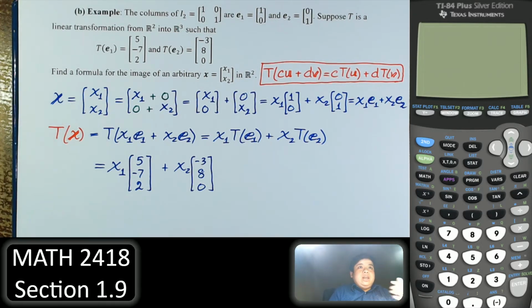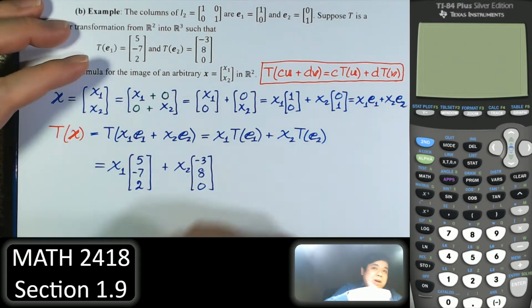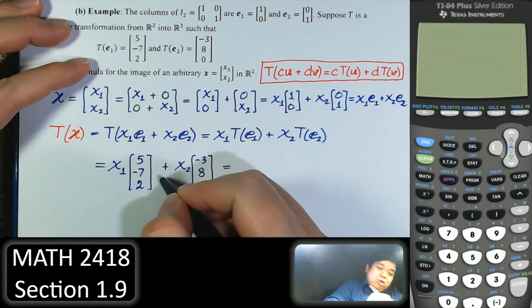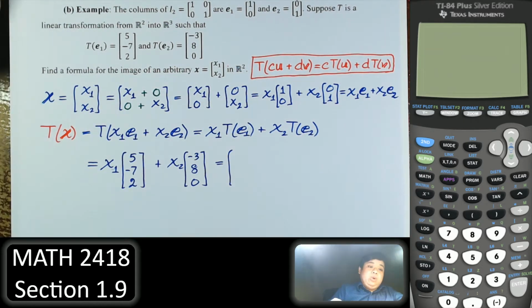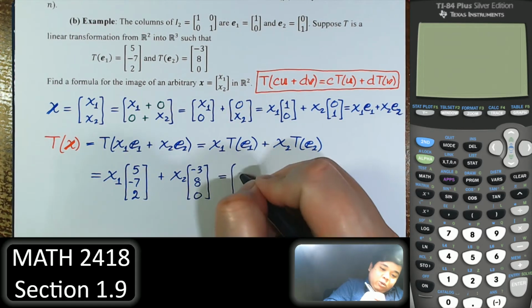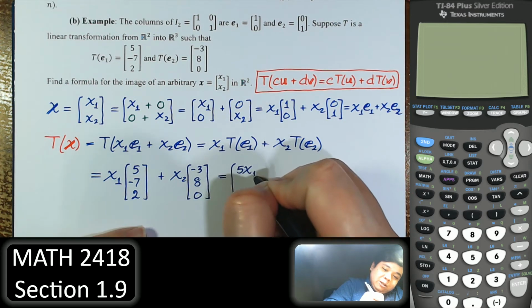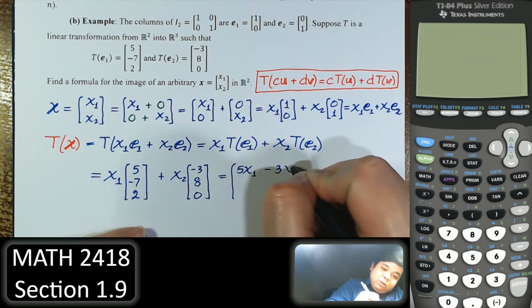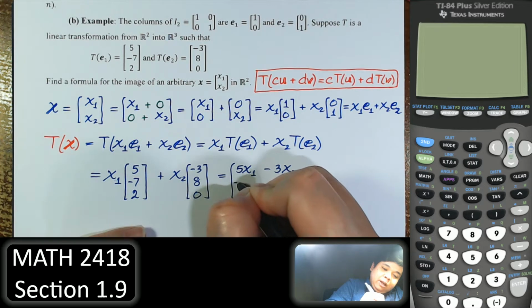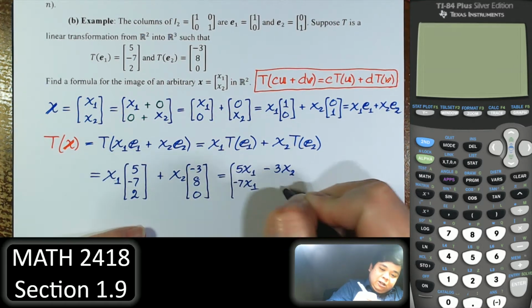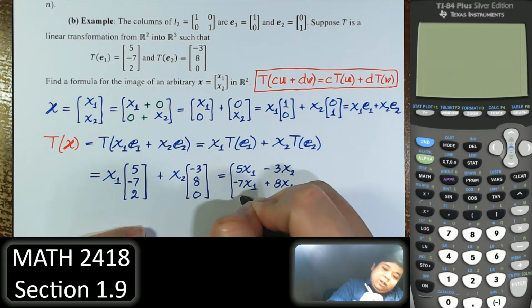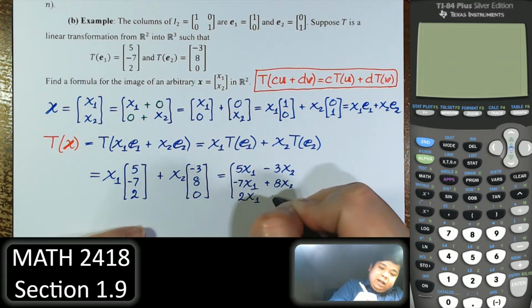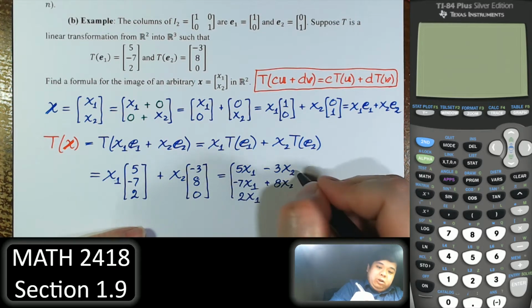Now of course in the vector form we can switch to the matrix form already, but take it slow, we have a lot of space here. So we just multiply x1 inside and multiply x2 inside, and then we combine them. 5x1 minus 3x2, minus 7x1 plus 8x2, 2x1, and then plus 0x2.